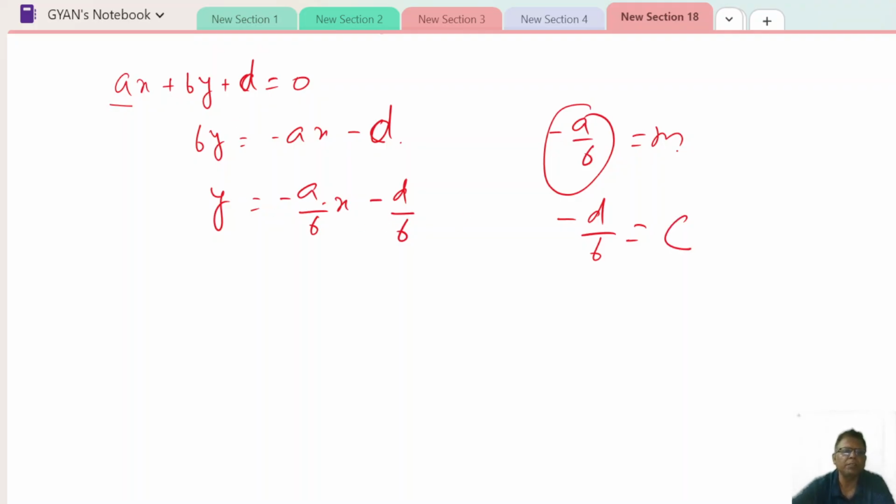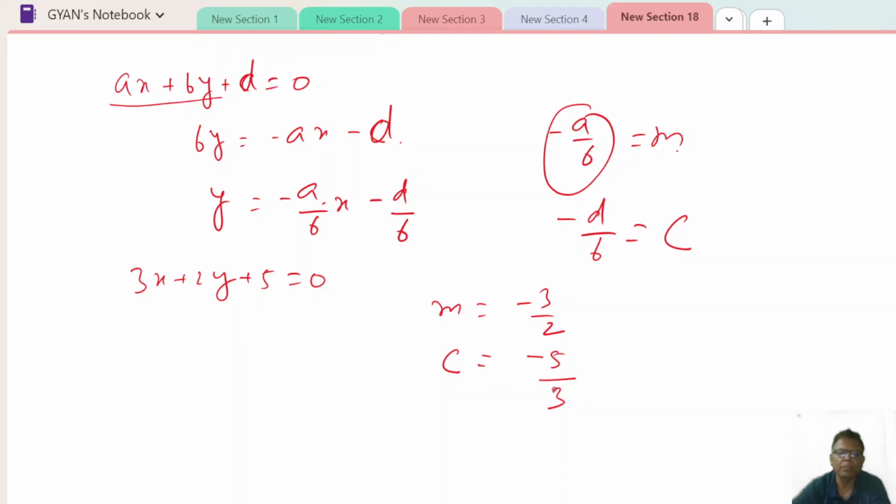So if you are given such type of equation like 3x plus 2y plus 5 equals 0, immediately you can say m is equal to minus a by b, so minus 3 by 2. And what is the intercept? Minus c by b, so minus 5 by 2. So you can write the equation immediately: y is equal to minus 3 by 2 x minus 5 by 2.